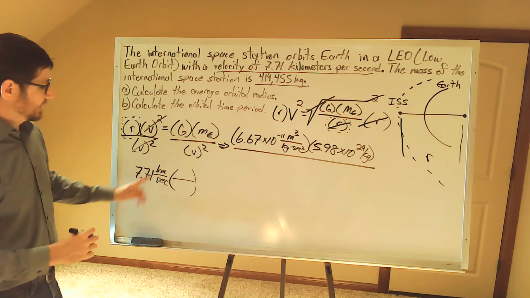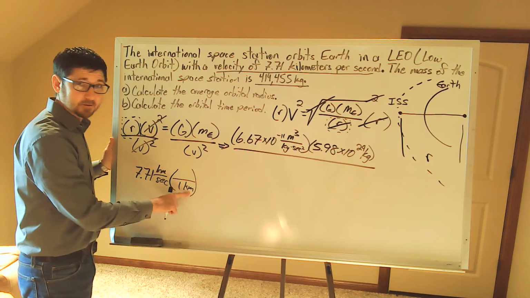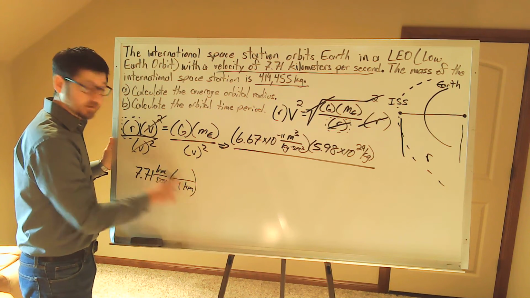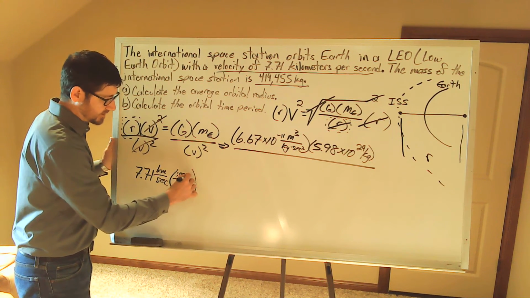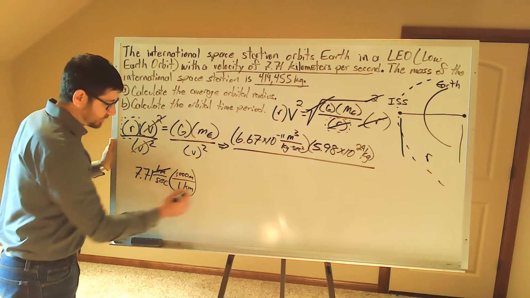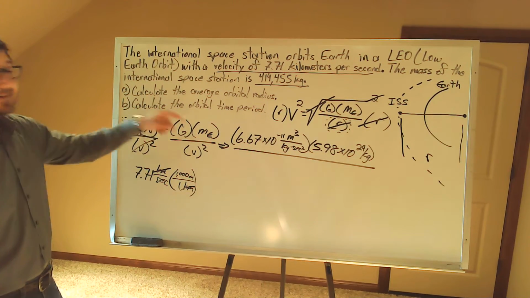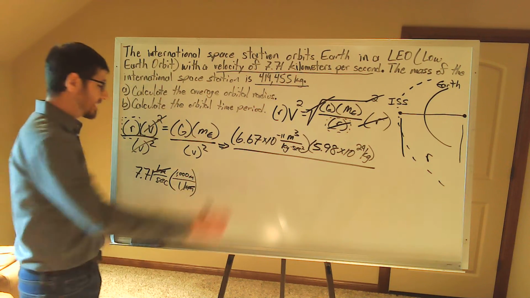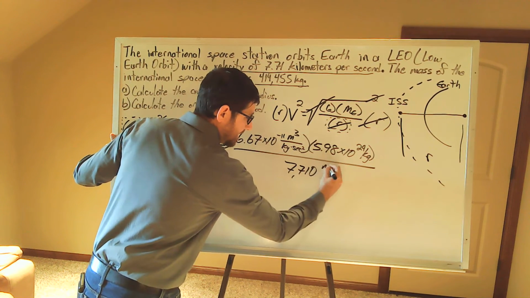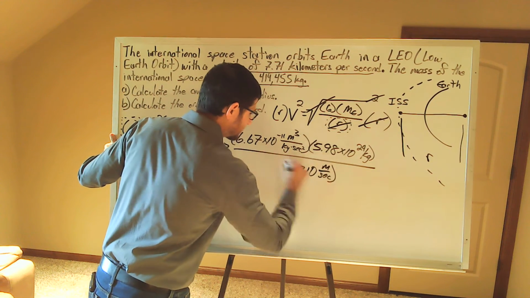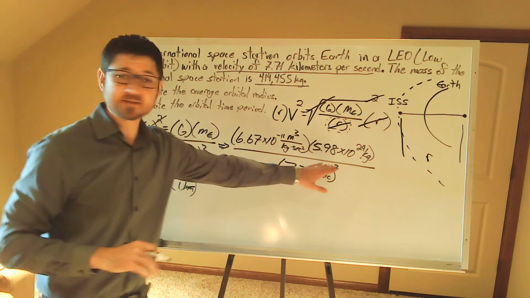So in 1 kilometer, we want to put the units of kilometers in the denominator here, so we cancel the units of kilometers. In 1 kilometer, we have 1,000 meters. So units of kilometers, boom, they're gone. 7.71 times 1,000 is 7,710. And now we have units of meters per second. But don't forget, we need to square this value here.